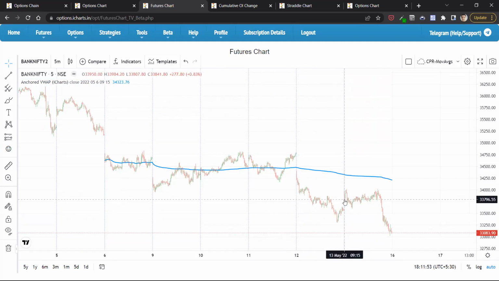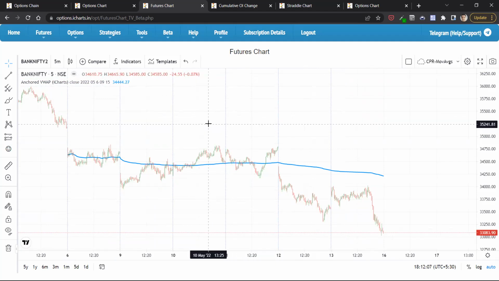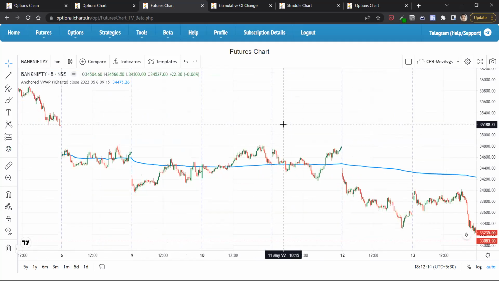And sir, one more point: if any call or any put is above a particular VWAP, in that case we also need to see the RSI, sir. Does that play any role? That strategy I'm not familiar with, so I cannot tell you, because RSI is used for many things.